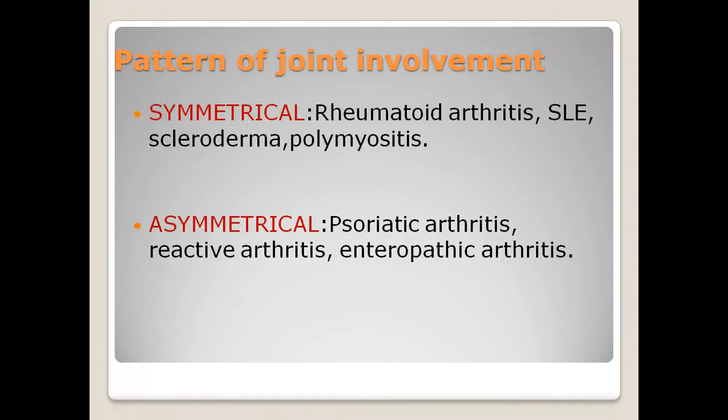The pattern of involvement in the polyarthritis conditions is symmetrical in rheumatoid arthritis, SLE, scleroderma, and polymyositis. That is, if the pain is present in both the ankle joints or both the wrist joints or both the elbow joints at the same time, then you can term it symmetrical.